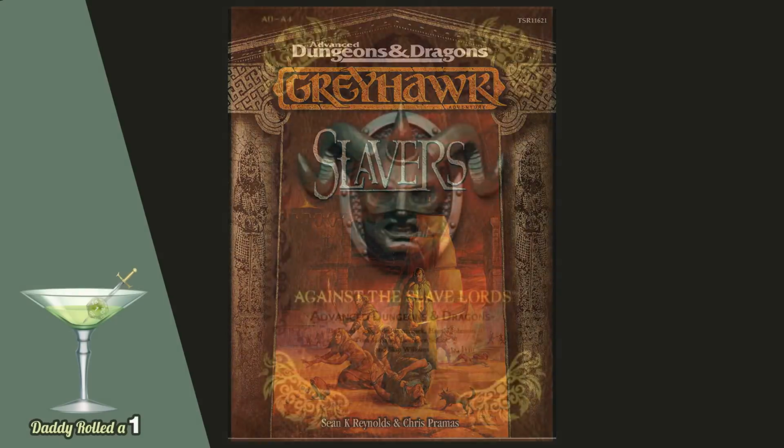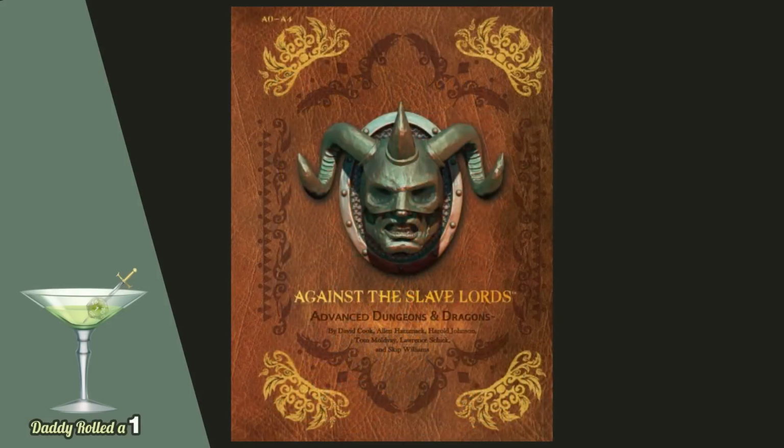And then in 2013, Wizards of the Coast is going to come out with yet another product, and it was called Against the Slave Lords. So this is an interesting one. Basically, what's going on at this period of time, if you remember, is that 4th edition had come out in 2008. And already by 2012, they've realized, like, we need to do something.